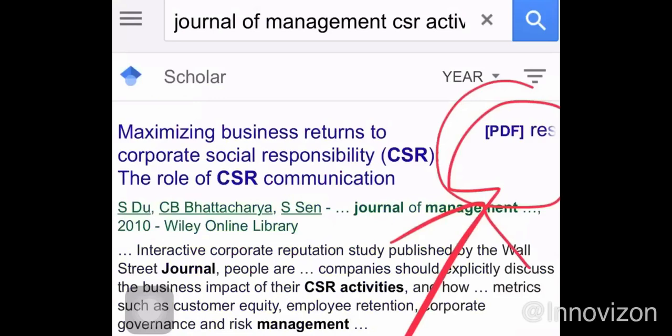So the search words that I chose were Journal of Management, CSR activities. And then what comes out are articles along those lines. So the next thing that you will do is to click this PDF hyperlink, that will bring you to the online article.